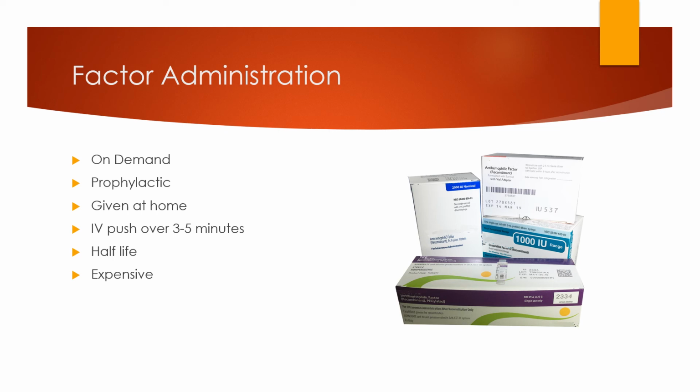You don't want to give an individual factor 8 at a certain time and then it go outside of the half-life and then they have their procedure done, because then the factor is not going to work for that individual. So understanding the half-life is very important because it helps to discuss administration and when they are actually getting the factor for on demand.